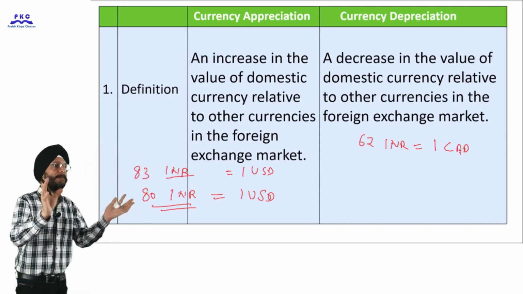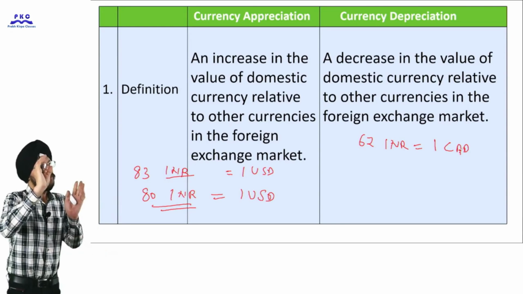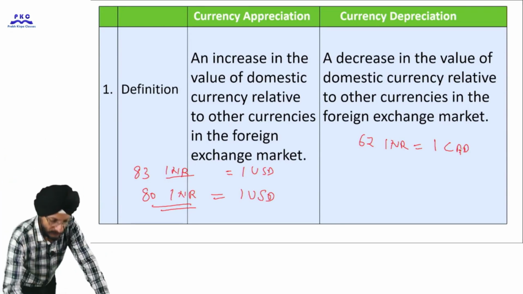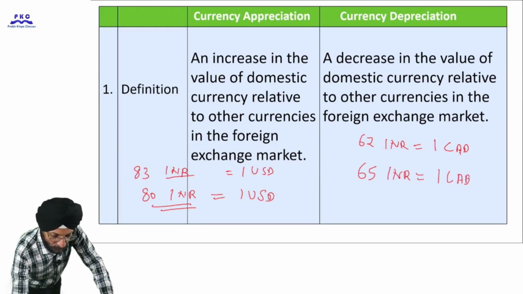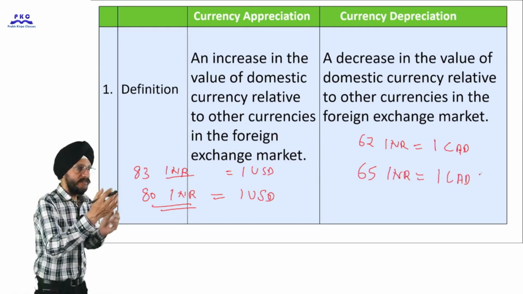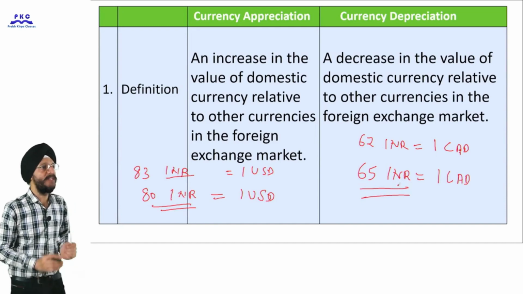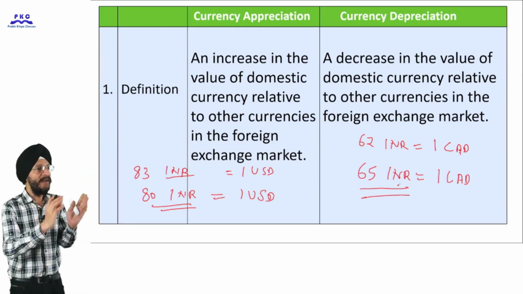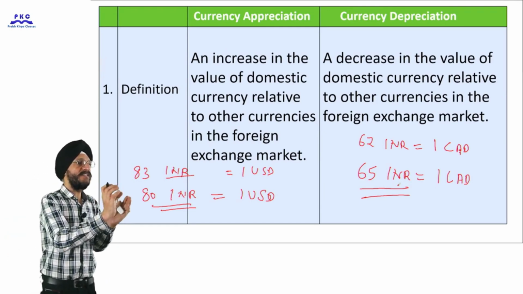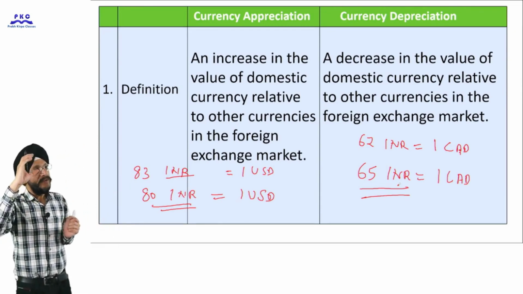Then, taking a simple example, we will have to pay more to get the same unit of Canadian dollar. Suppose we have to pay 65 Indian rupee. If the value of Indian currency has depreciated, we will have to pay more domestic currency to get the same amount of other currency.